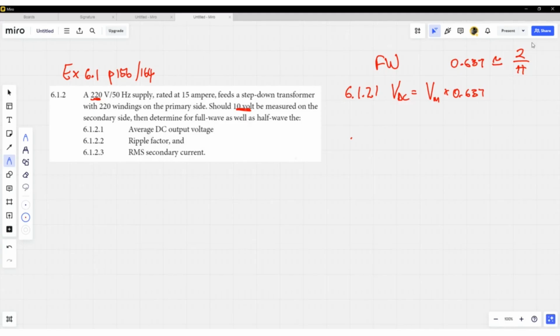So you can use that 2 over pi if you want to; I'm just going to stick with what the textbook has. So that's going to be square root 2 multiplied by 10 volts multiplied by 0.637. And that should give you just over 9 volts, so 9.009 volts. I'm going to get there. Ripple factor.